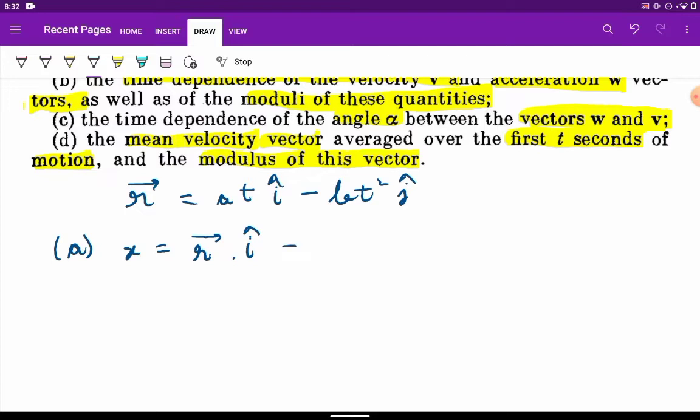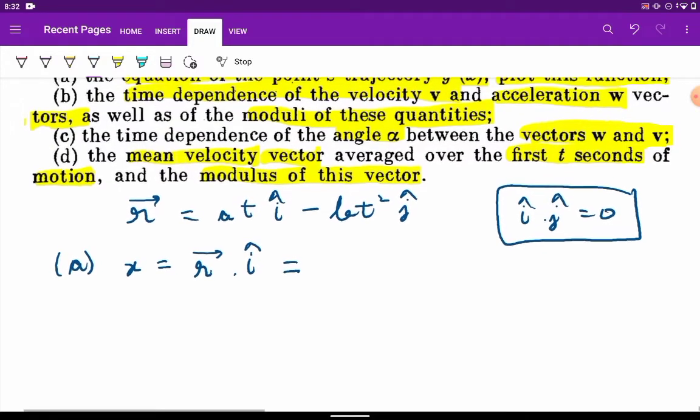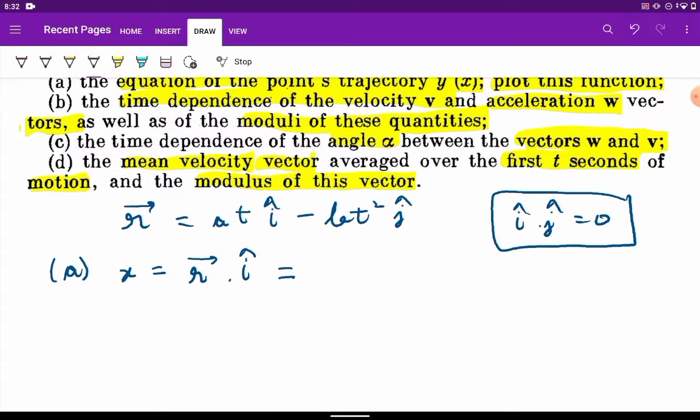What is r dot i cap? i cap dot j cap is 0, which is really important to know, because they are orthogonal vectors. This problem requires a little bit of prerequisites regarding vector spaces and dot products. It's better if you revisit those concepts and you'll understand this problem better.